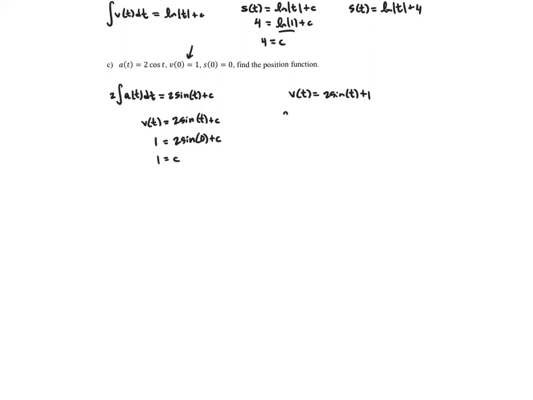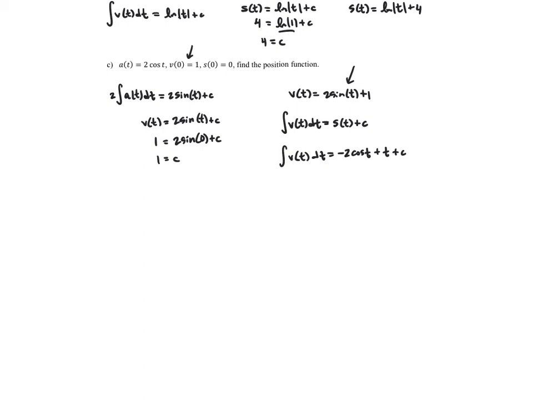Now, as we know, the integral of v of t dt is equal to the position function plus c. Thus, the integral of v of t, in this case, would be negative 2 cosine of t plus c. Right? I took the antiderivative of the following.